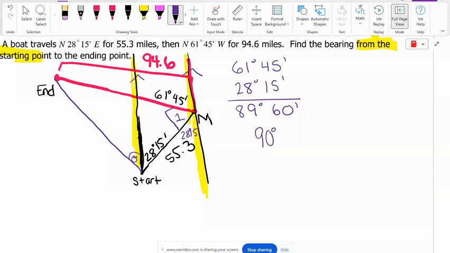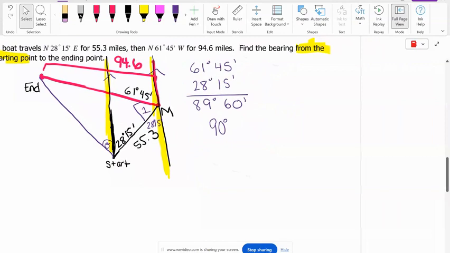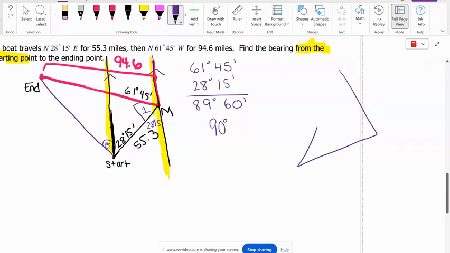So now I have, let me pull apart this triangle. Here's my right angle. This is 94.6. What's up, Leah? Isn't the 28°15' outside the triangle? The 28°15'.